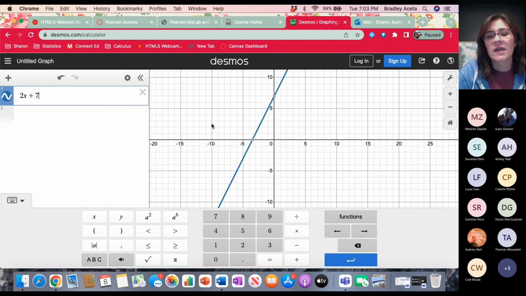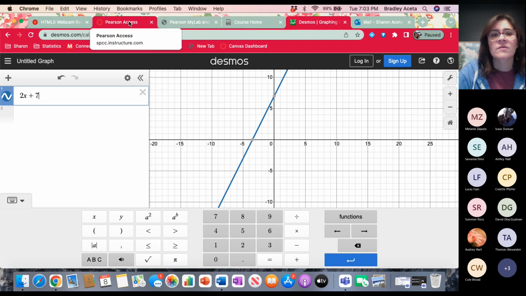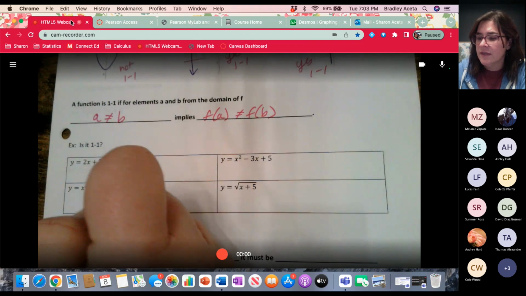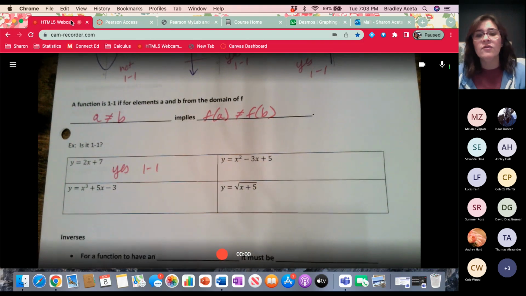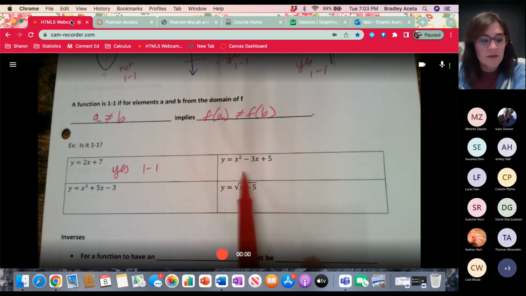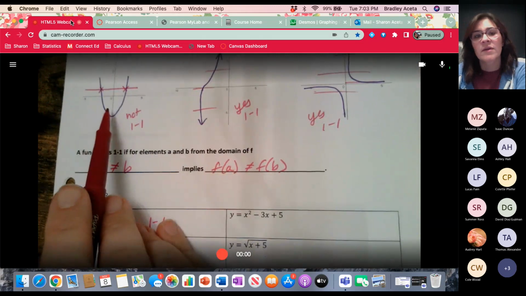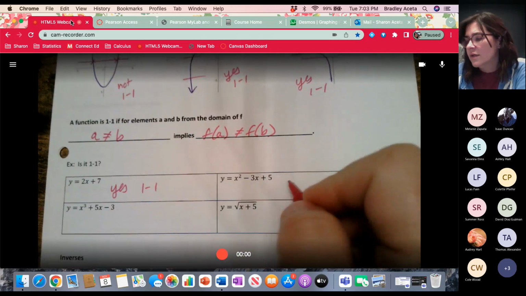Can I draw a horizontal line and it only crosses once? You betcha. So yes, it's one-to-one. And you do that for all of these, okay? This one is a parabola, and parabolas are not one-to-one.